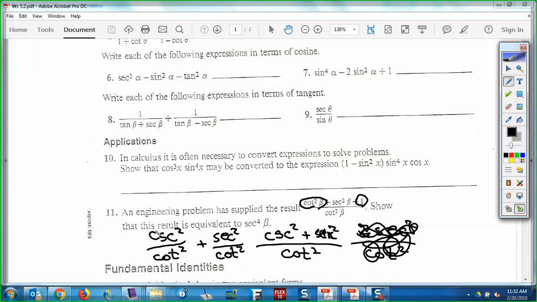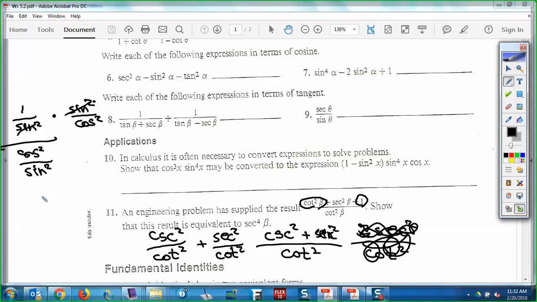Okay, now what's cosecant squared over cotangent squared? We can flip those around, right? Cosecant squared is 1 over sine squared, and cotangent squared is cosine squared over sine squared, right? And so we can flip that, and we get sine squared over cosine squared. Sine squareds cancel.